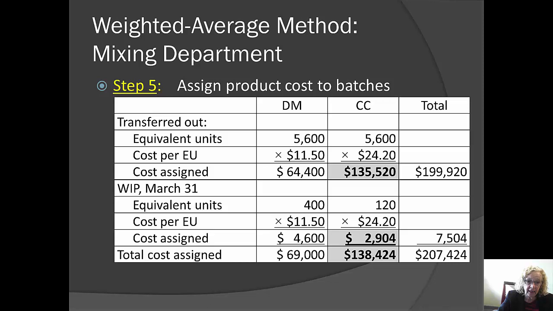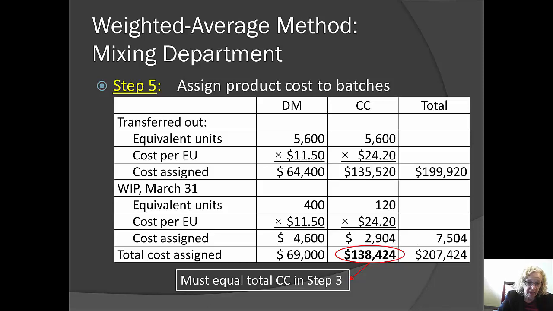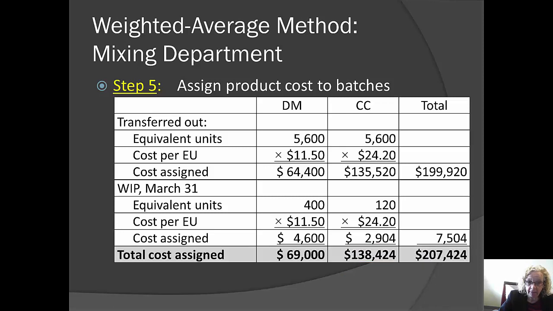Similarly, we can add up all of the conversion costs that were attached to the units that got finished, and all of the conversion costs for the units that didn't get finished, and that needs to match the total conversion costs in step 3. Finally, we can add up all of the material costs and all of the conversion costs, and that total must also equal our total cost.